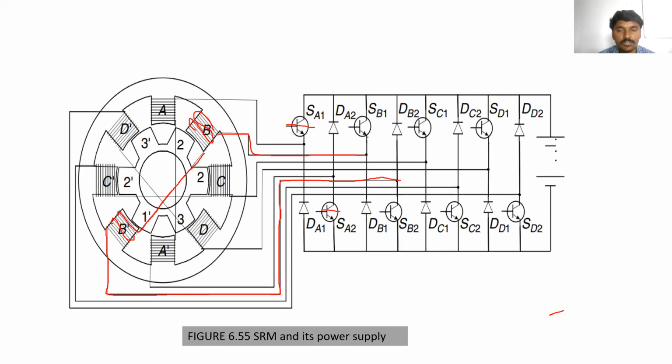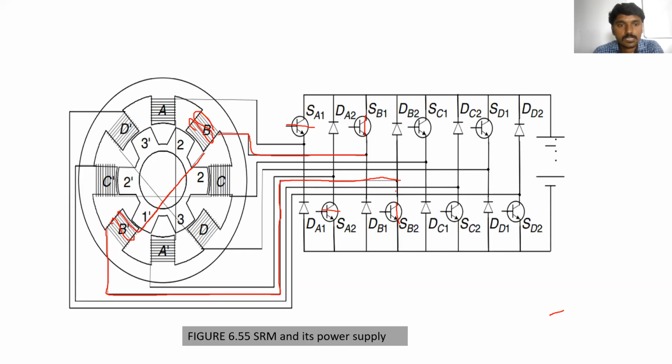It should generate gate pulses and these switches should be closed. SB1 should be closed, SB2 should be closed. Then only the current flows through the B and B dash coils, then only these coils will be excited and form a north pole and south pole, and then only they can attract the rotor poles.